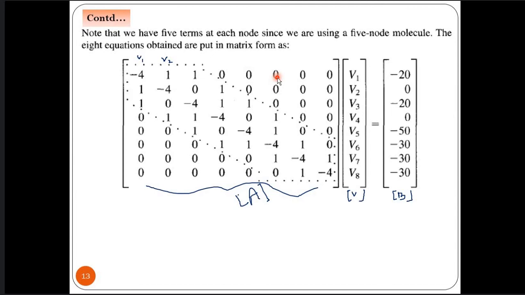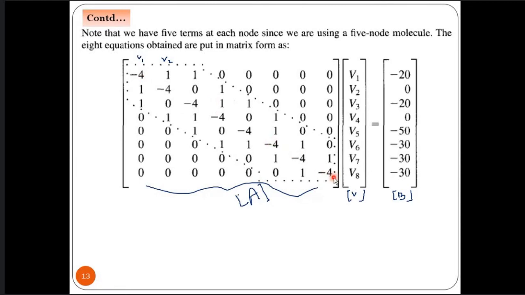Secondly, why is it called banded? You see, all the non-zero elements are concentrated along the diagonal lines. And all the diagonal elements are the same, that is minus 4, minus 4, minus 4, because it is a 5-node molecule, so it will be 4. And all the non-zero elements are basically clustered around the diagonal lines. That's why it is called banded.